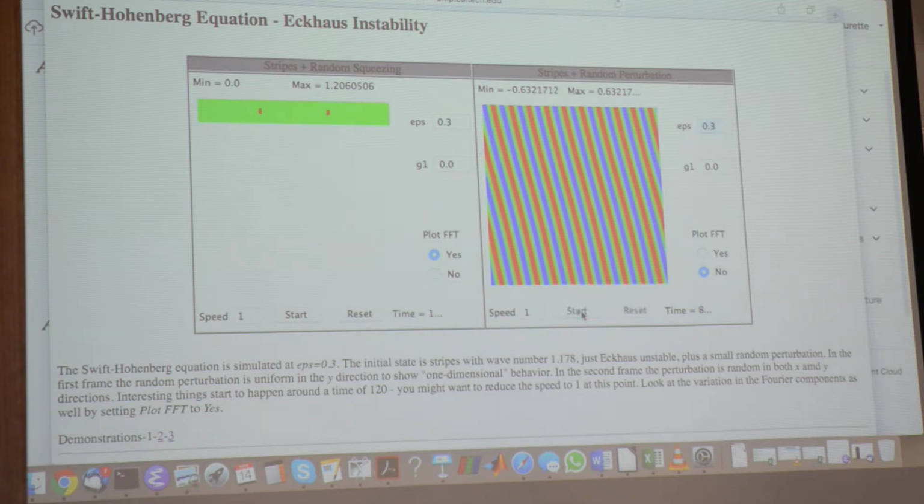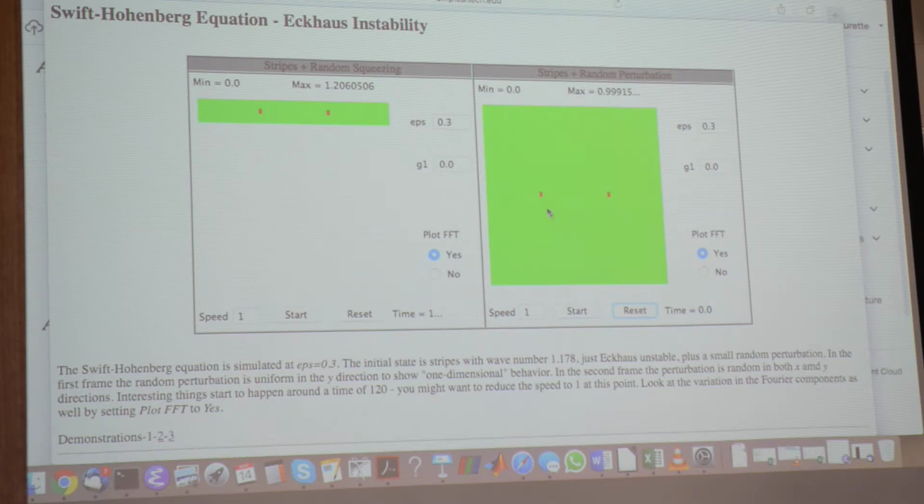Now let's watch that same transformation in Fourier transform space. So again, we're starting off with a system of perfect rolls. Not quite. It's got some little imperfection in it. I don't think you can see it, it's too small here. And let's start it. And very soon it goes to that. What you should be looking at is that it has a different radius from here.